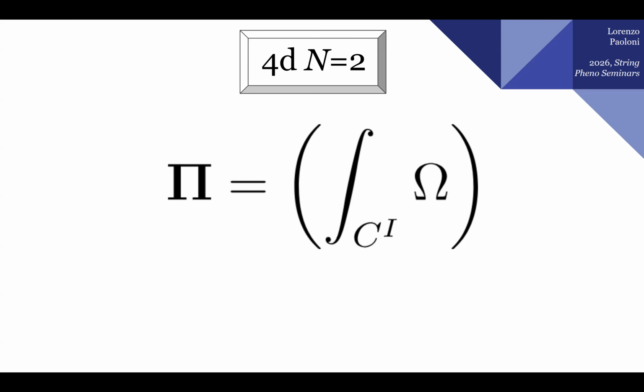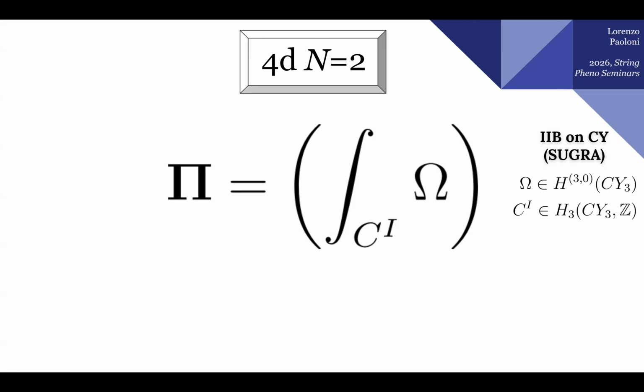Since we are interested in starting from a theory with gravity and taking a limit to decouple gravity, let's consider the period vector of 4D N equal to 2 supergravity. In the paper, we consider type IIB string compactification on Calabi-Yau threefolds, and the period is obtained by integrating the holomorphic three-form of the Calabi-Yau over a basis of 3-cycles of the same.